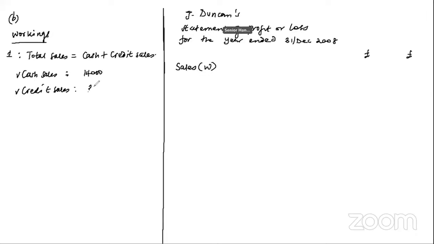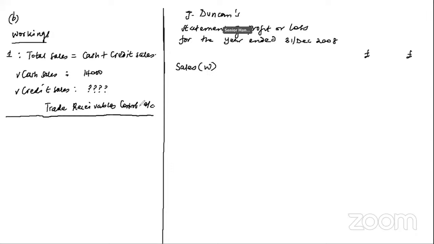The truth is the credit sales are not known. But what are you going to do to come up with these credit sales? You're going to use what we call a trade receivables control account. Here they are calling it debtors. This is the account you are going to use to find out the credit sales figure, because we have information about the credit customers.